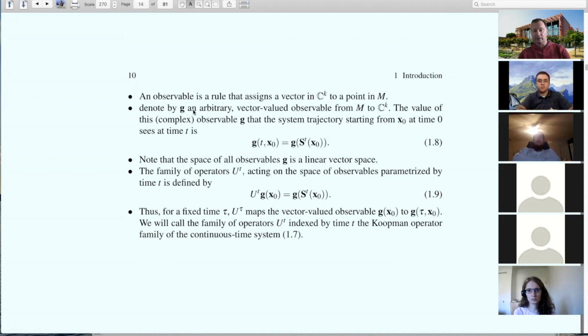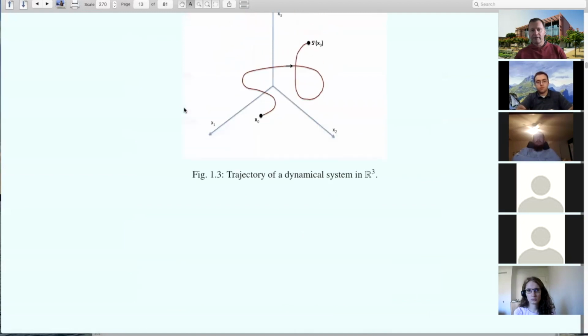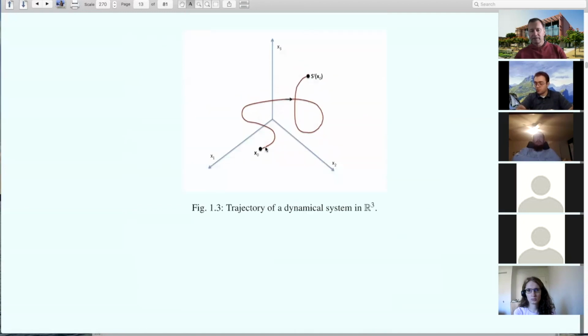And let's denote it here by G. G itself is a static object. If I'm in state space here, then G could be, for example, just a simple evaluation of observable x1, x2, and x3 at this point.